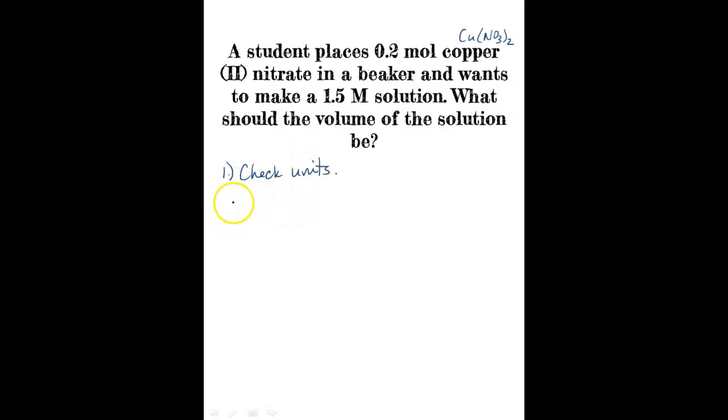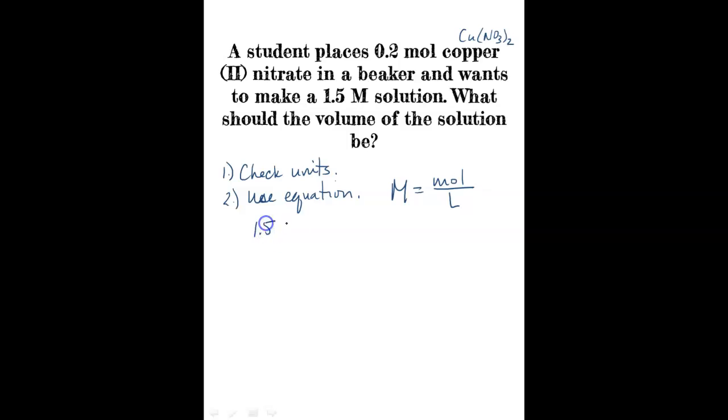So in this case, I'm going to use my equation. So the equation is, just a reminder, molarity equals moles over liters. All right, so in that case, I'm going to plug it in.